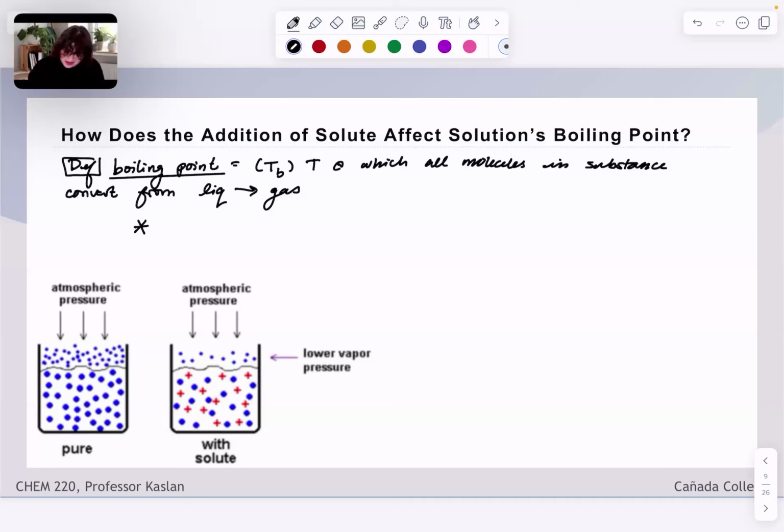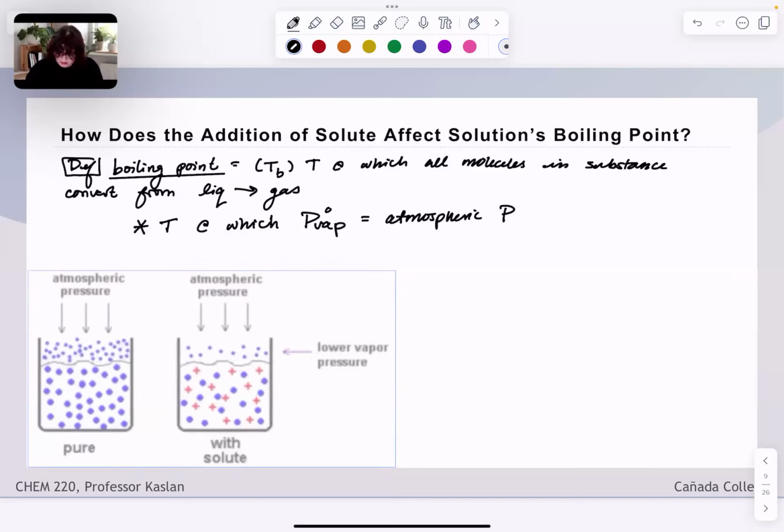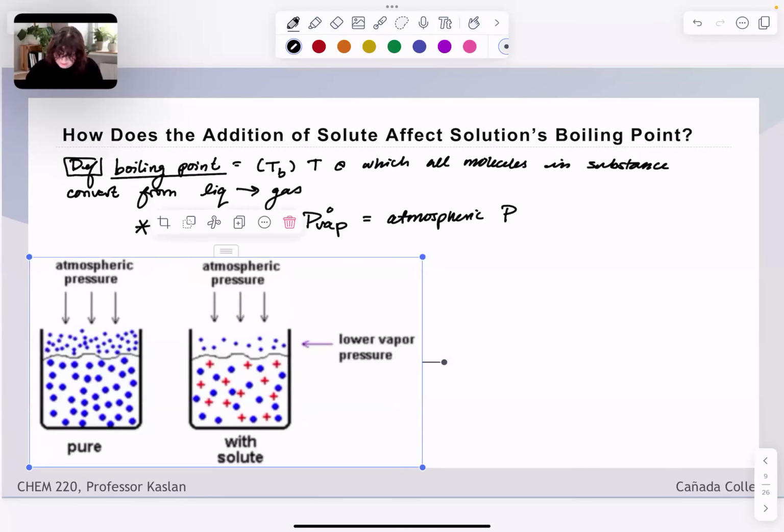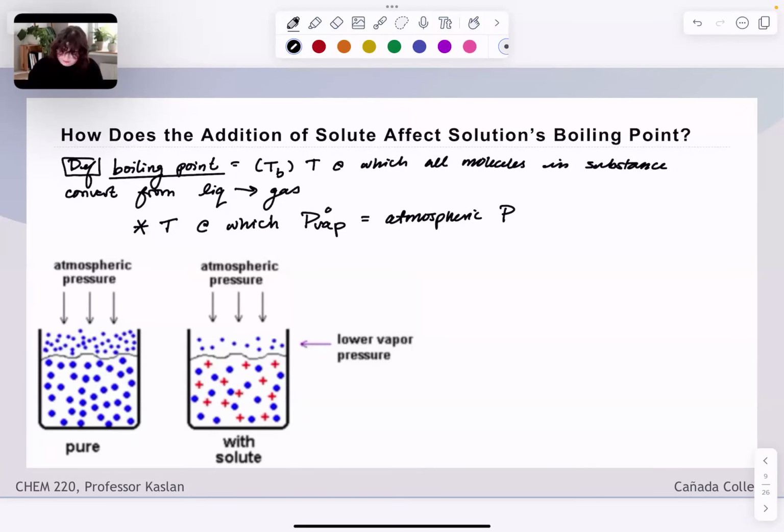So we can frame this idea of boiling point as being the temperature at which the vapor pressure of a pure substance is equal to atmospheric pressure. I've got this little diagram here, which is showing vapor pressure lowering, the same idea as we discussed in our prior videos.